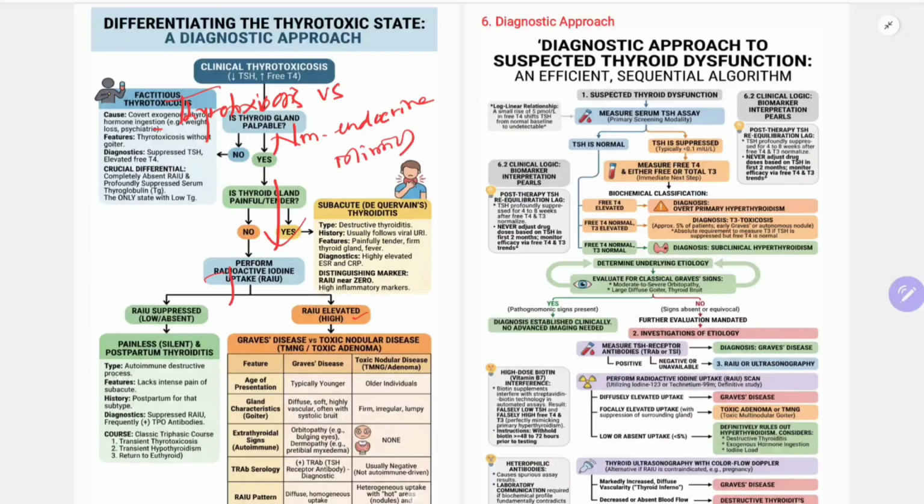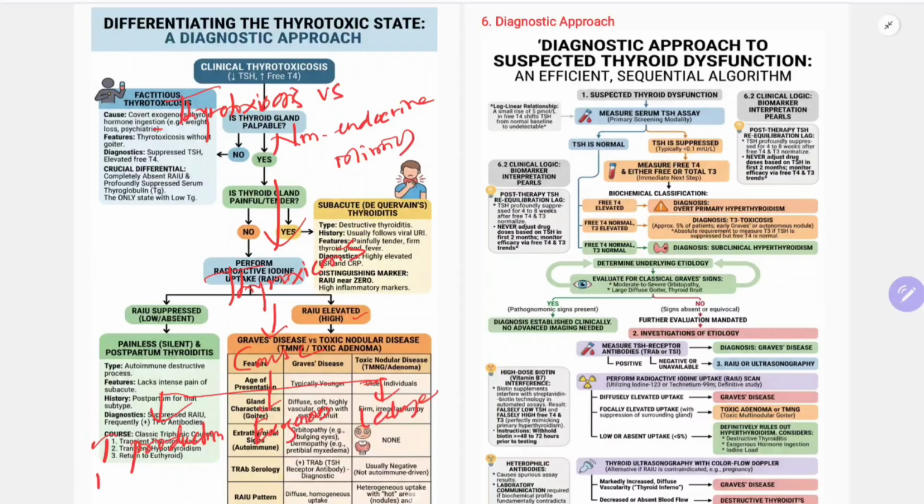Once you have diagnosed thyrotoxicosis, then you are evaluating for the cause. Causes can be broadly divided into 3. Either it can be increased production, or exogenous administration, or leakage.